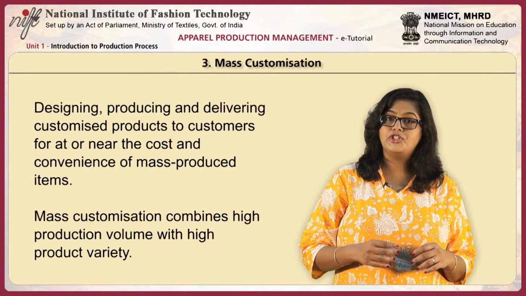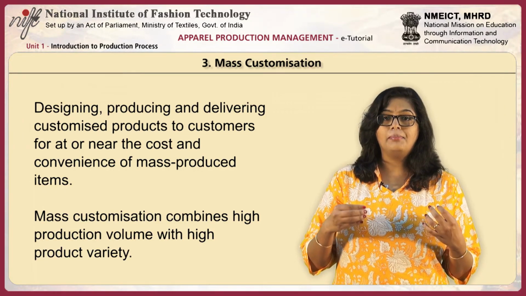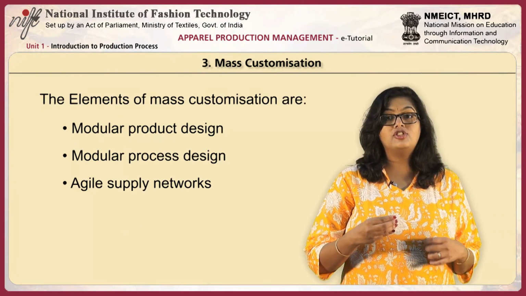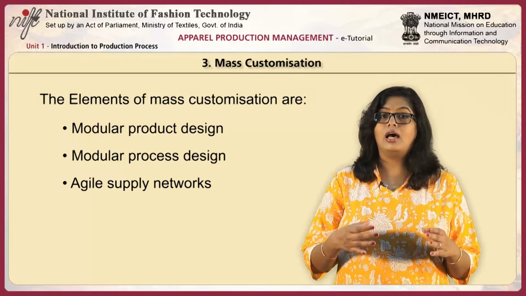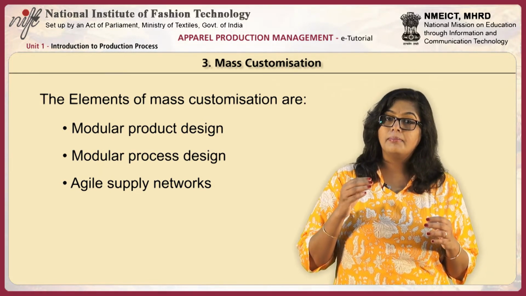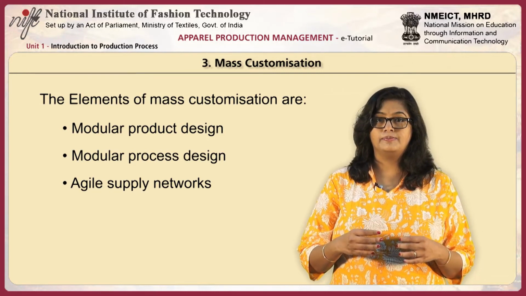Mass customization combines high production volume with high product variety. The main elements of mass customization are modular product design, modular process design, and agile supply networks.